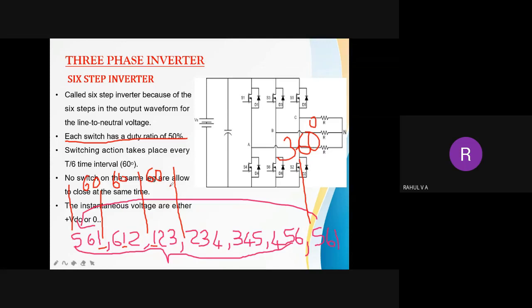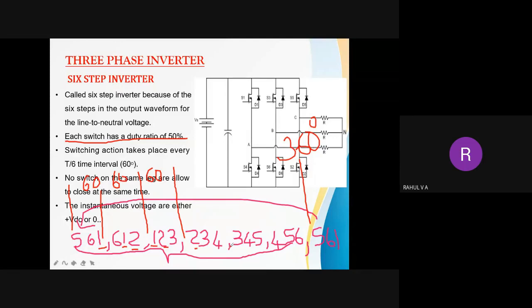So switch 1 is on for 180 degree, and now notice switch 2. Switch 2 is turned on here in the second mode, it is there in the third mode and the fourth mode also, but in the fifth mode it is in the off condition. Now the total operating time is 180 degree. Like that, you can notice each switch is turned on for 180 degree, and one switching sequence is for 60 degree.